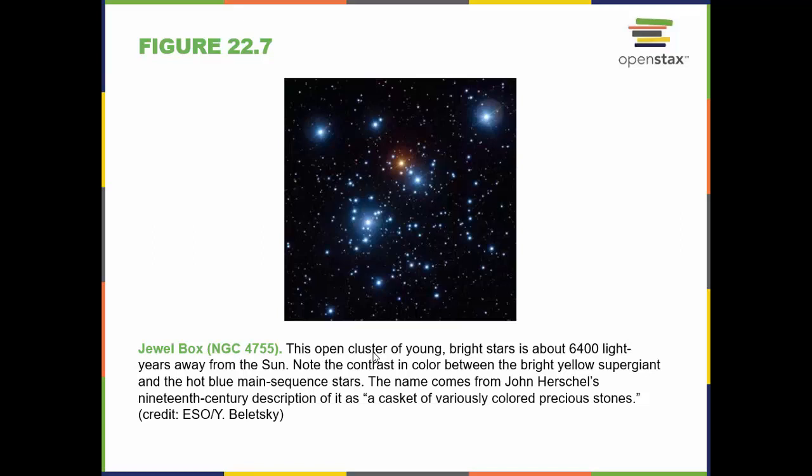And finally, there's an association, and this is a loose group of young stars whose spectral types and motions and position in the sky indicate a common origin. So if we start with these groups of stars, we start with an association, that's the smallest group. Then we go to an open cluster, that's a little bit larger, and then a globular cluster, which is the largest grouping of stars.